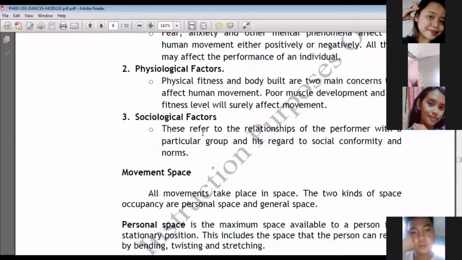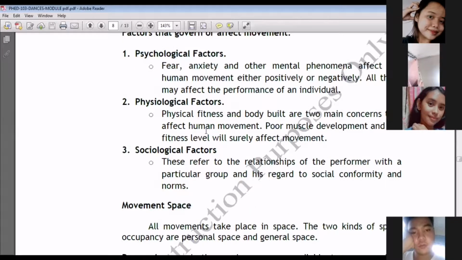Exactly. Very good. I think you have experienced already, if not all of us, most of us, being depressed or experiencing an event in our life wherein we are nervous, maybe because someone in the audience is your crush.